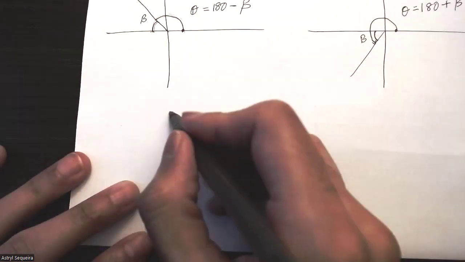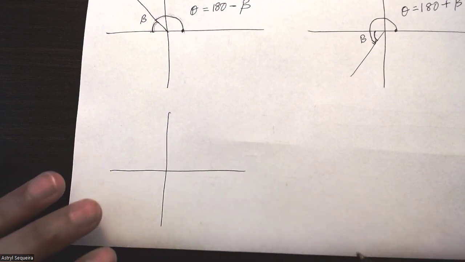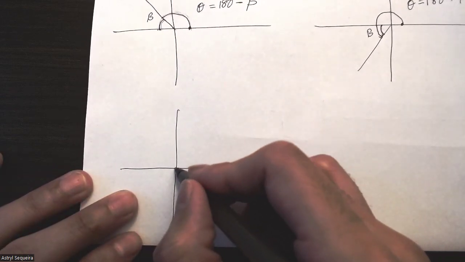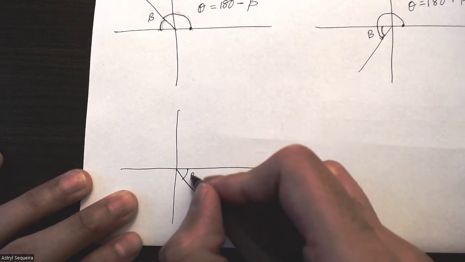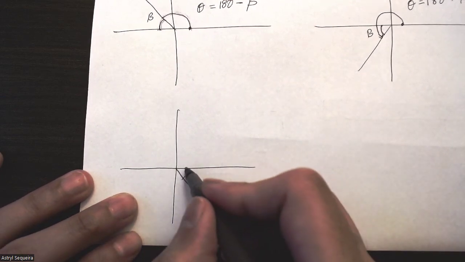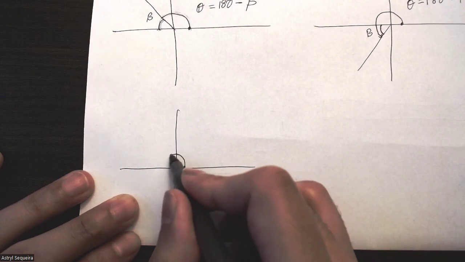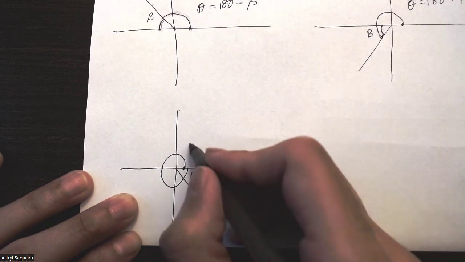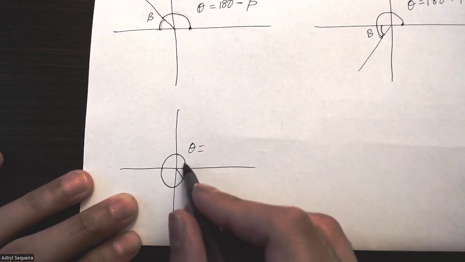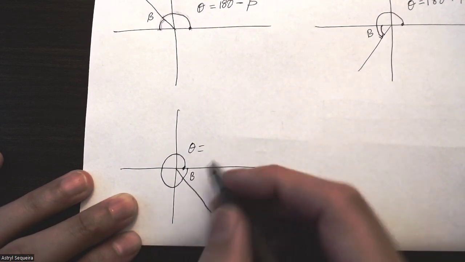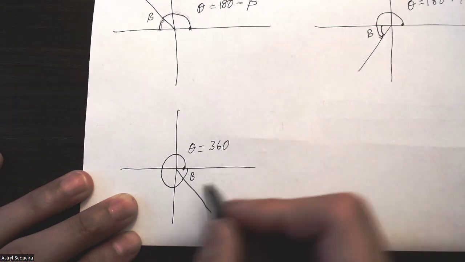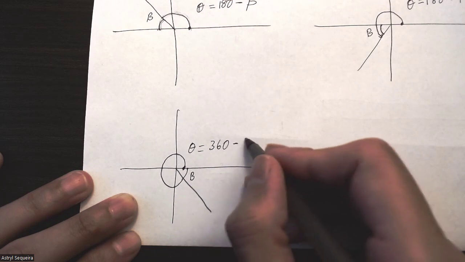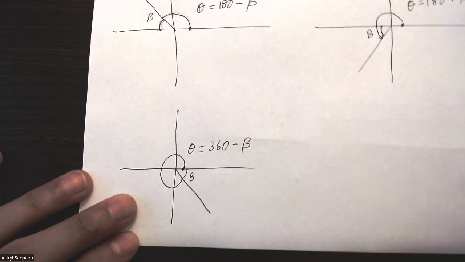And then if I'm in the last quadrant over here, my acute angle beta is right there. I'm going to go all the way around over here till there for my theta. I know that a full circle is 360 degrees, and then I'm going back by a little to get to the line. So 360 minus beta.